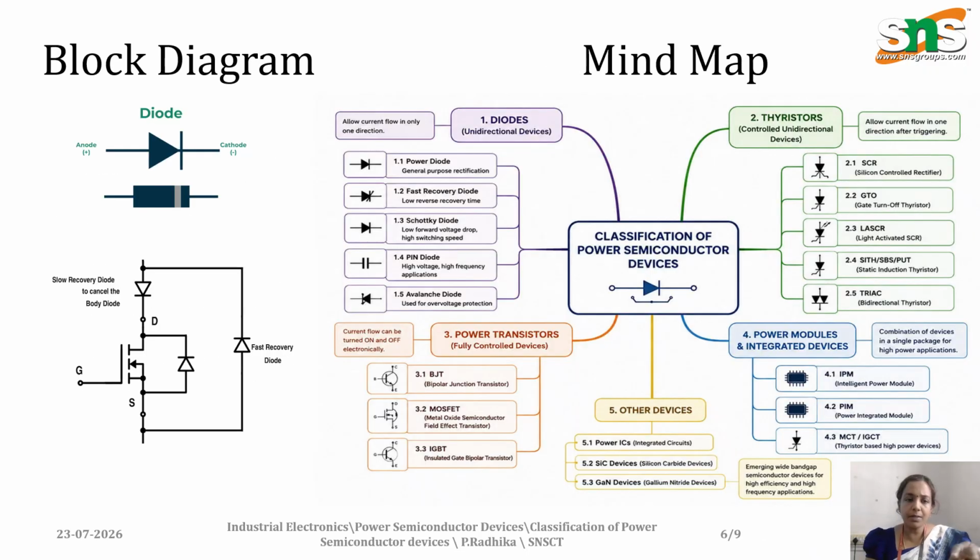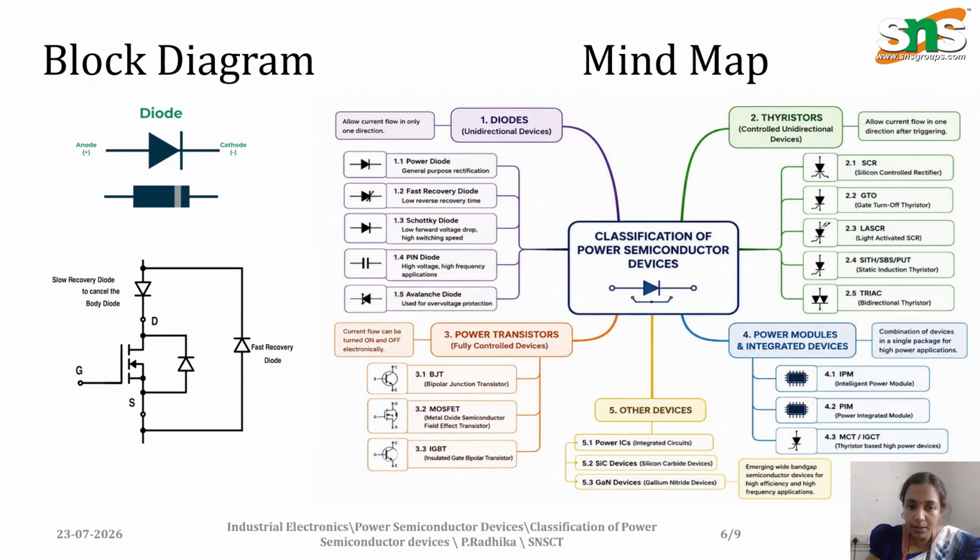This is a circuit diagram of the power semiconductor devices. We have a diode. This is the circuit symbol of a diode. Anode is the positive terminal, cathode is the negative terminal. Here we have one diode which is mainly used for rectification. This symbol means it is a fast recovery diode.